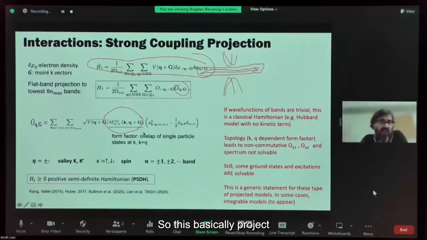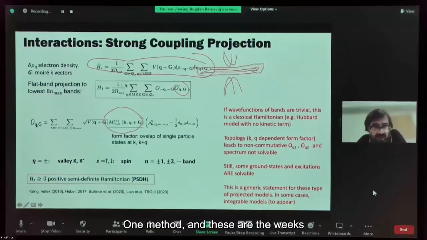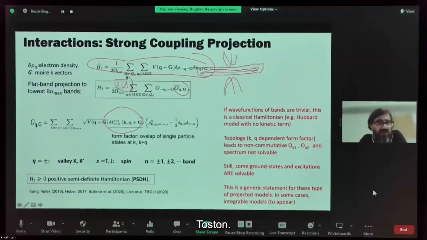Okay? And the other difference is that unlike before, I have a positive semi-definite Hamiltonian. This is still a positive semi-definite Hamiltonian, as you can see here.